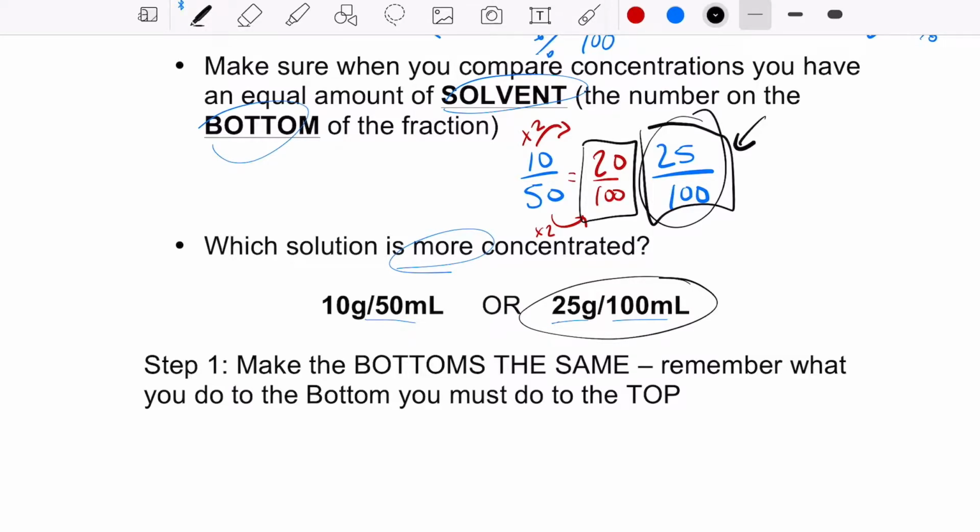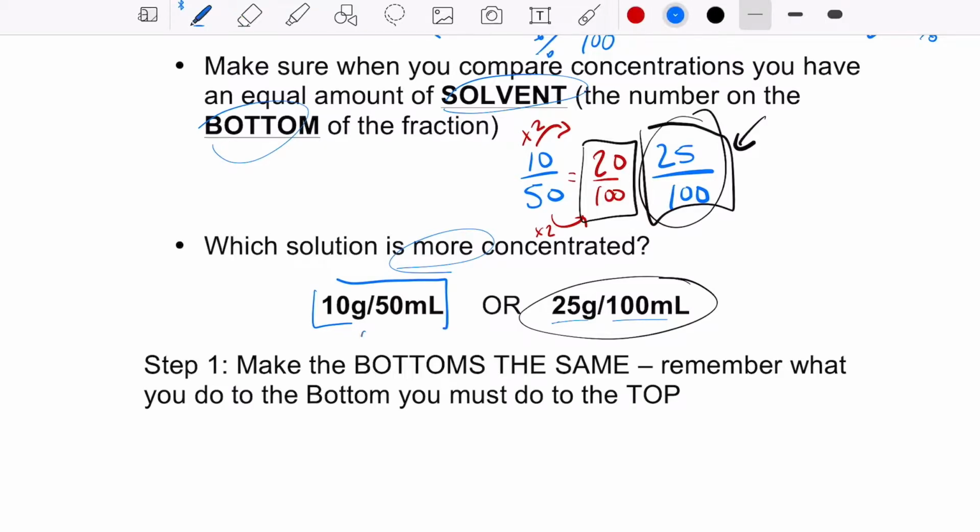Another way that you could figure out which one is more concentrated is literally just to divide the top number by the bottom number. When you divide 10 by 50, sorry, hang on, let me just make sure this is right. 10 divided by 50 is 0.2.